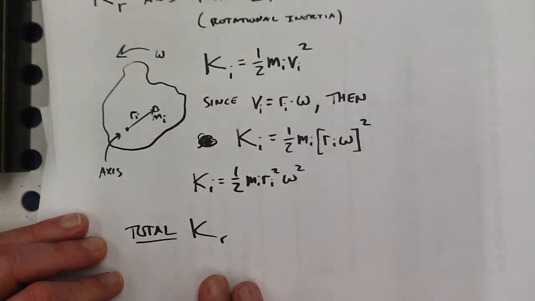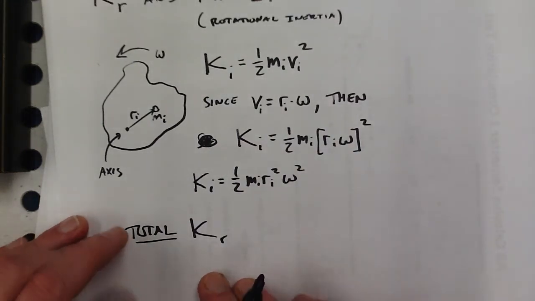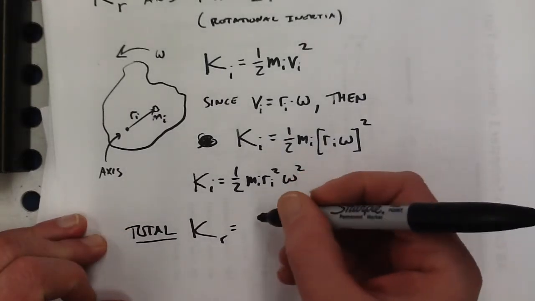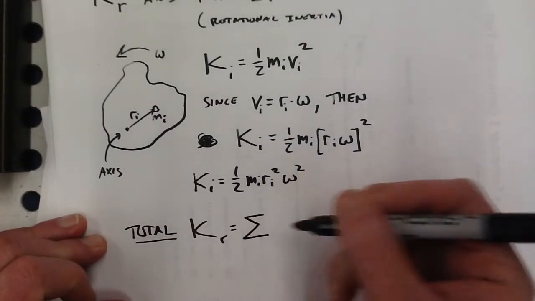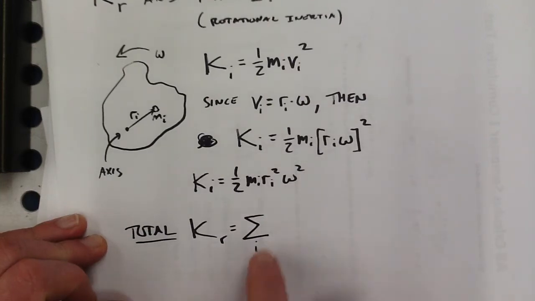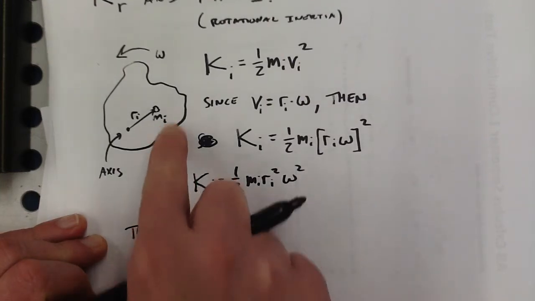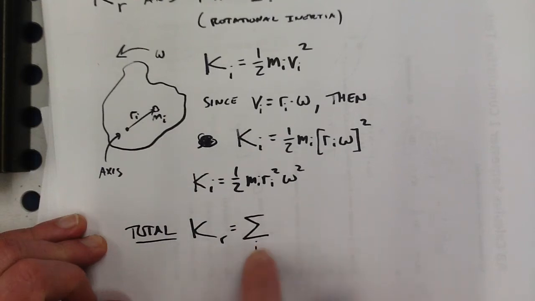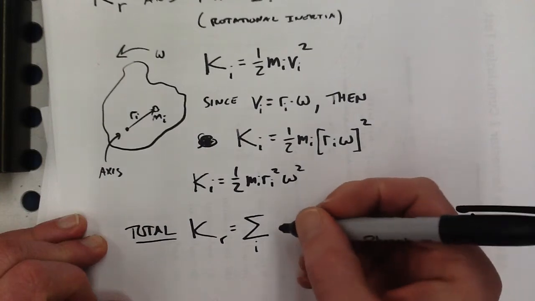Energy is not a vector. So you're just piling up more kinetic energy. So it would just be the sum. And sometimes when we do these sums, we just put this I right here, which just means the sum over all the different values of I. Instead of saying I equals something to something, this just means the sum of all of the bits.